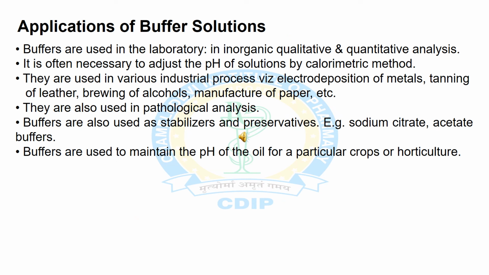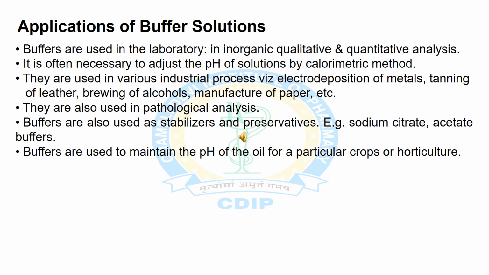Next is applications of buffer solution. First, buffer solutions are used in the laboratory in inorganic qualitative as well as quantitative analysis. Buffer solutions are often necessary to adjust the pH of solutions by colorimetric method. They are also used in various industrial processes like electrodeposition of metals, tanning of leathers, brewing of alcohols, and manufacturing of paper.